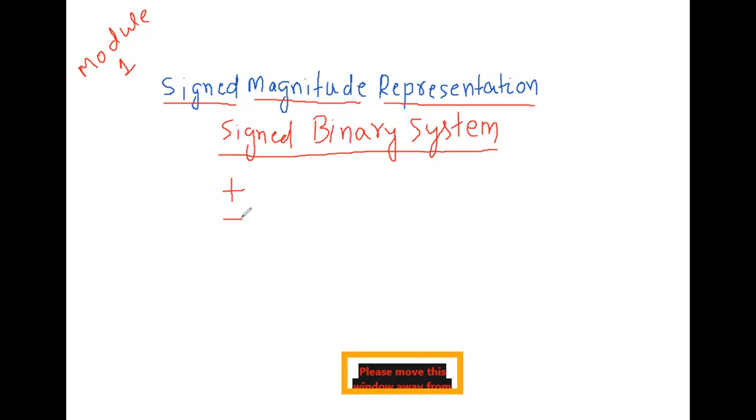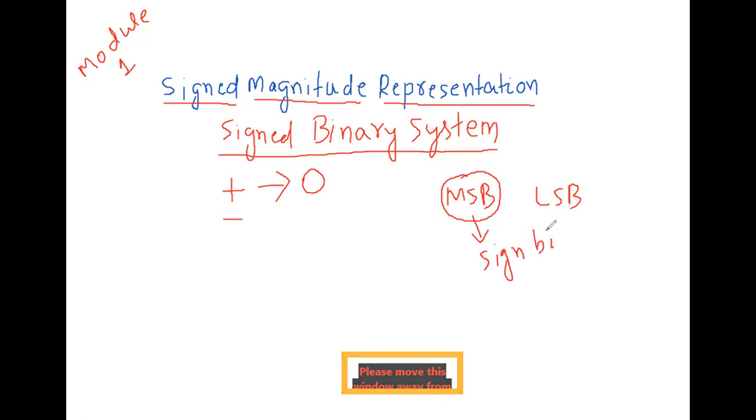In the signed binary system, positive is denoted by 0. Remember, 0 means positive. We know about MSB and LSB: least significant bit, and MSB is the most significant bit. In the signed binary system, the MSB bit is known as the sign bit.